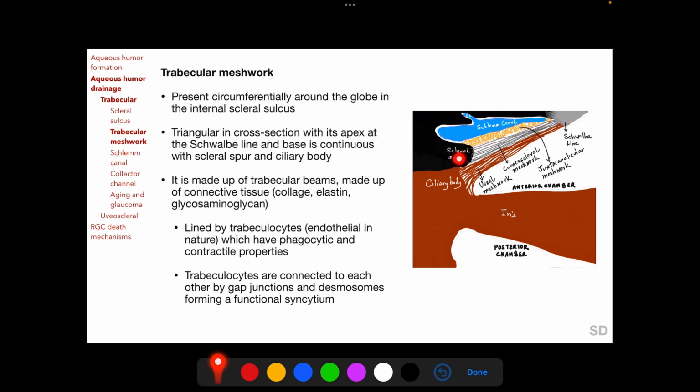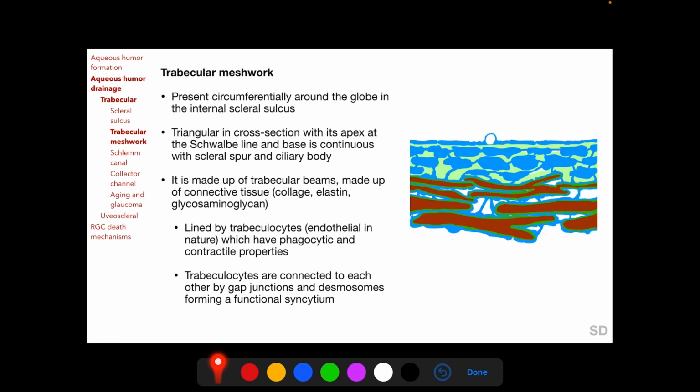The trabecular meshwork is thus present circumferentially around the globe in the internal scleral sulcus. It is triangular in cross-section with its apex at the Schwalbe's line, and its base is continuous with the scleral spur and the ciliary body. The trabecular meshwork is made up of trabecular beams, which in turn are made up of connective tissue with collagen and elastin lying in the center and basement membrane material lying in the periphery.